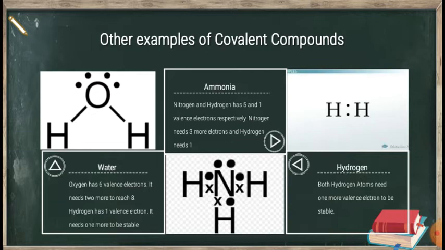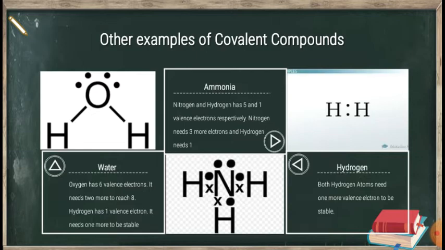Other examples of covalent compounds include water, of course. So oxygen has 6 valence electrons, and each hydrogen has one, so they share electrons. So both hydrogens will have 2 valence electrons now, and the oxygen will have 8. And then the next example is ammonia. Nitrogen has 5 valence electrons. Hydrogen, of course, has 1 valence electron.